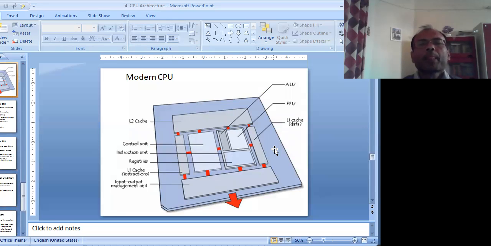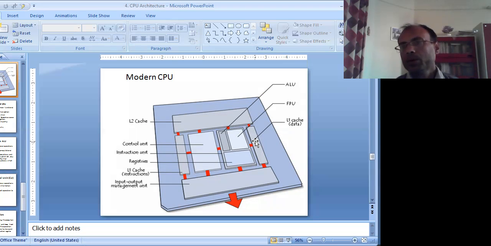This is a simple picture of a modern CPU. You can see from this picture, this is the ALU, arithmetic and logical unit. This is the FPU, floating point unit; later I will be talking about it. Then it has L1 cache memory, used for data.